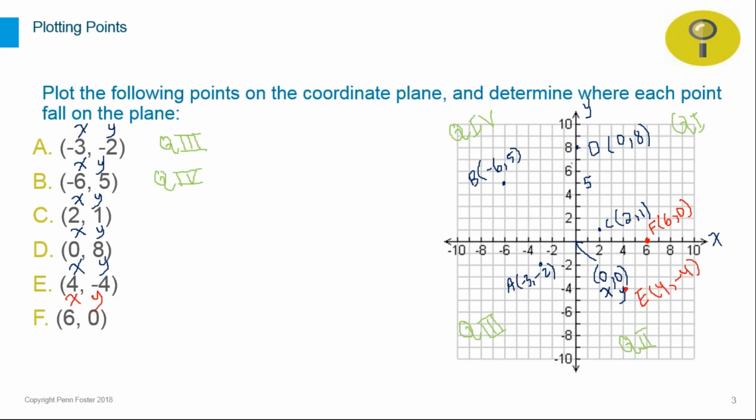Point C is in quadrant 1. D is right on the y-axis, so none of the quadrants have point D, so that is the y-axis. Point E is in quadrant 4, and then finally point F is on the x-axis.